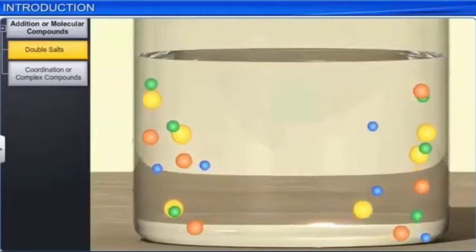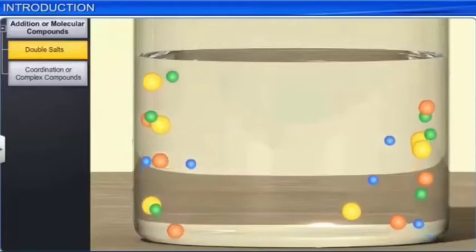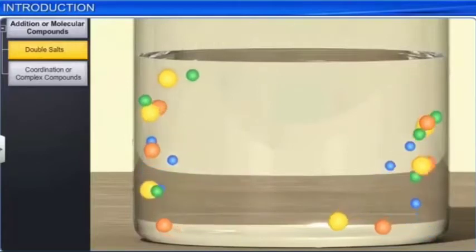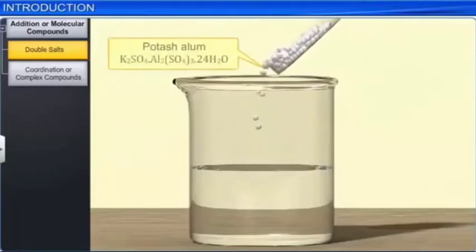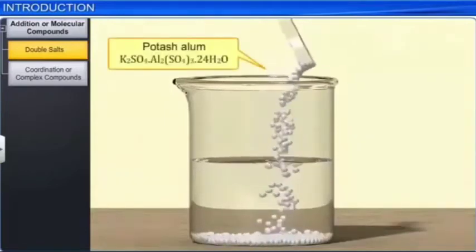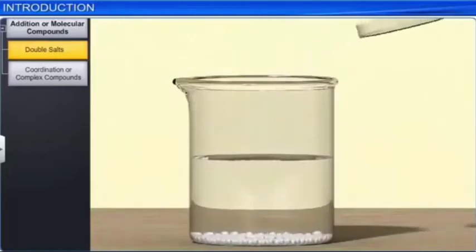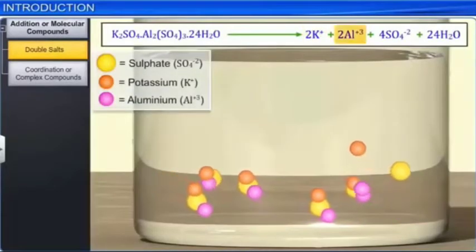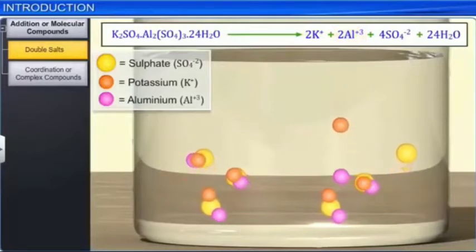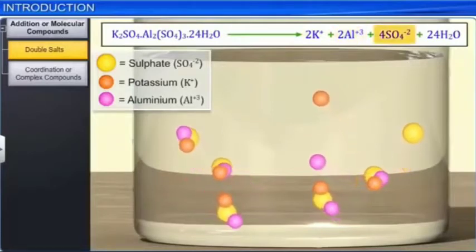For example, an aqueous solution of potash alum will give the tests for K+, Al3+ and SO4 2- ions. Other common examples of this class include carnallite and Mohr's salt.